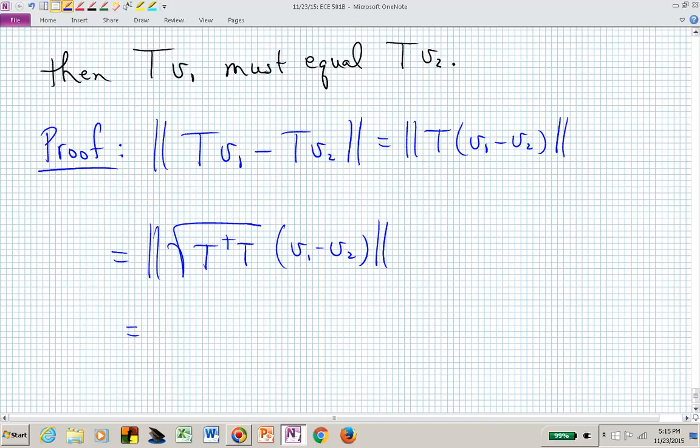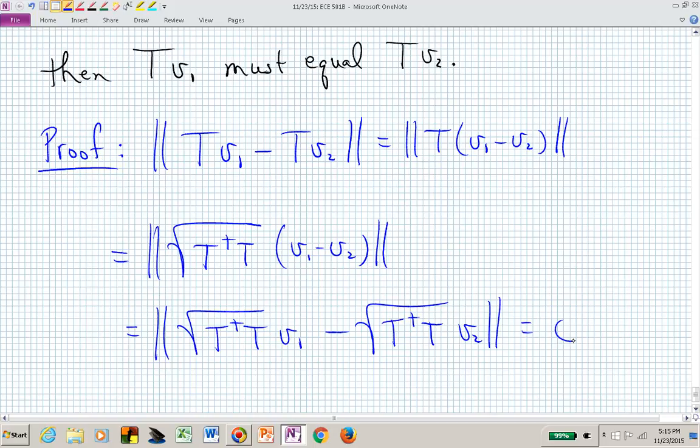But the positive square root of T dagger T is a linear operator, and so we can distribute it or break apart the v1 minus v2. But that's exactly, or we said that square root of T dagger T v1 was equal to the square root of T dagger T v2.